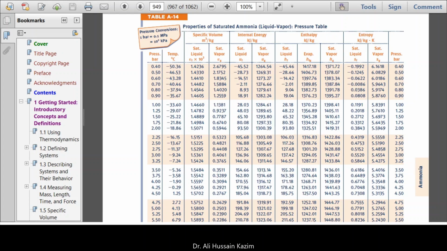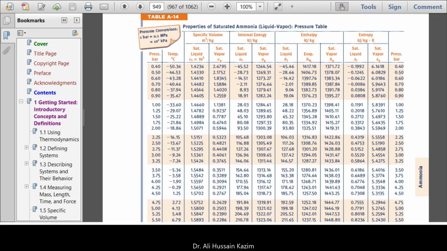Just like the last question, we can find the quality at the second point. The quality comes out to be 0.0296.